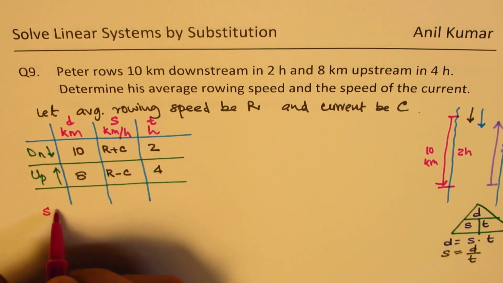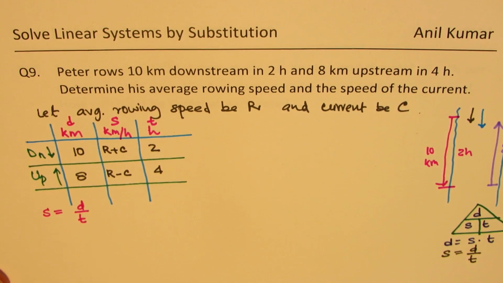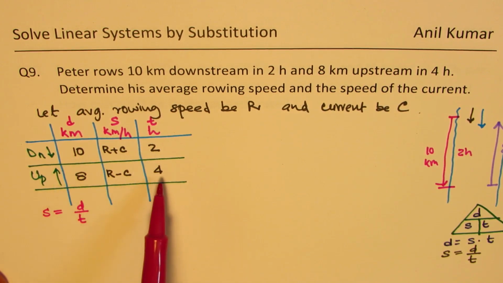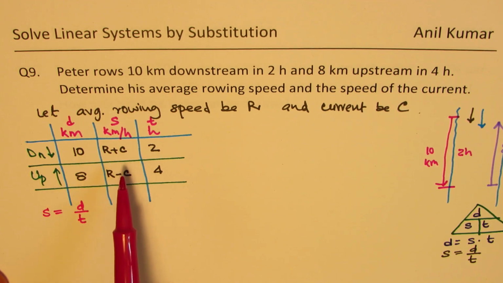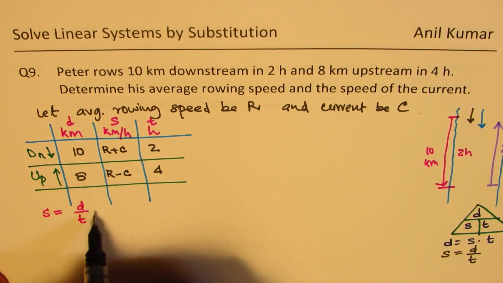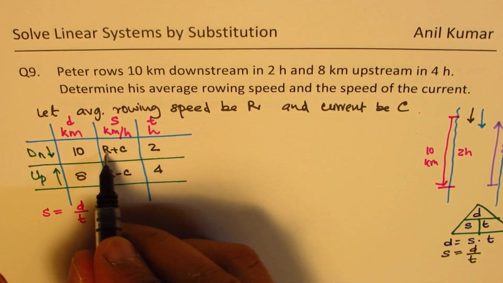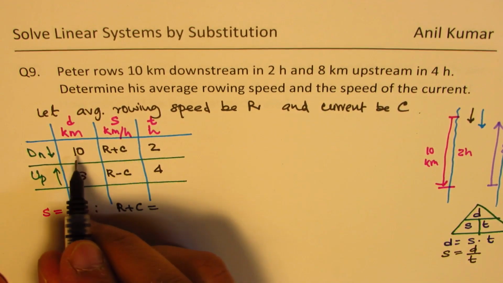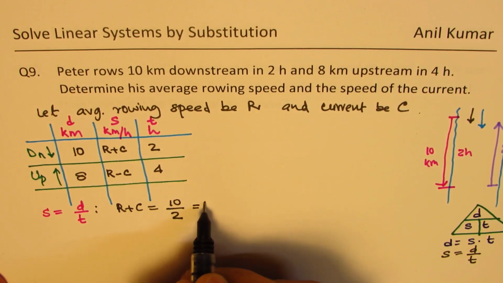So we know speed S is distance over time. We are using this equation mainly because 10, 2, 8 and 4 are factors, right? So we don't really get any fractions, correct? So let's write our equations. First one, R plus C is the speed, right? So we get R plus C is equal to 10 over 2, which is 5.